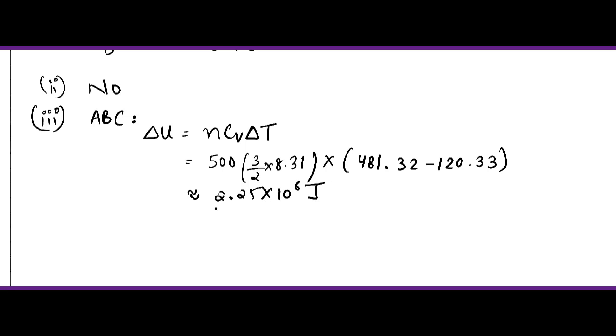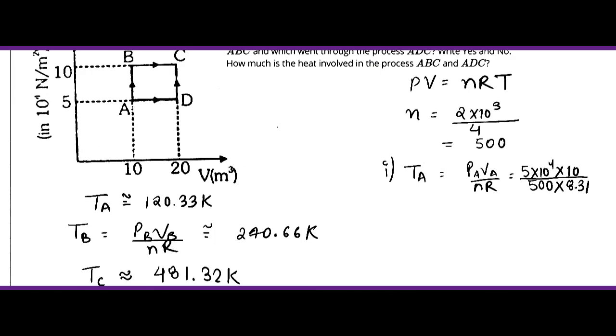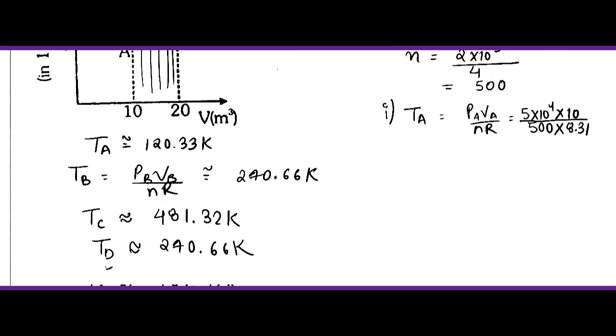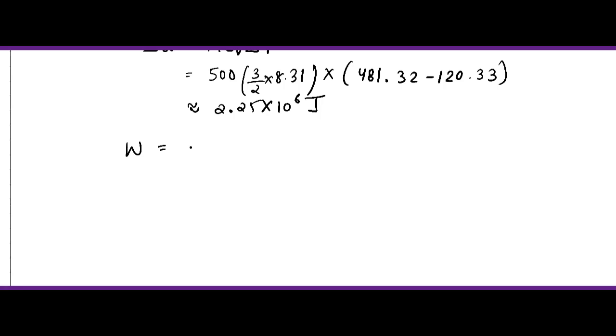So this is the value that we get for ABC. The work done would be equal to the area under this graph. Since the difference is 10 and this is also 10, so 10 into 10 into 10 to power 4, that would be equal to 10 to power 6 joules.